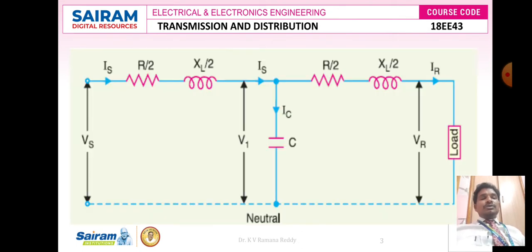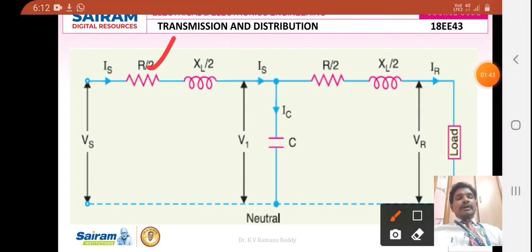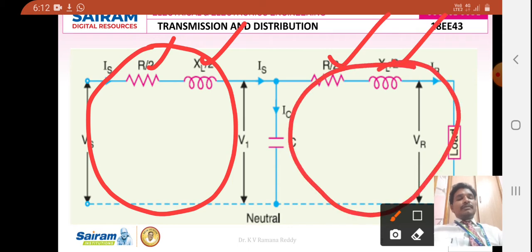So here I am going to show the nominal T method figure. In the figure, the total transmission line resistance, capital R, is divided as R by 2, and the total inductive reactance XL is divided as XL by 2 for the first half of the segment, and similarly another R by 2 and another XL by 2 for the second half of the segment.